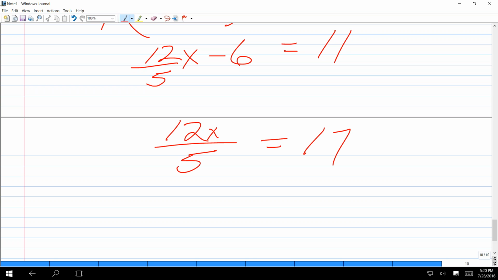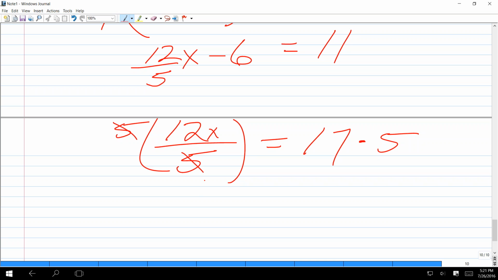Now what's the next step? You have to get rid of the 5, by multiplying both sides of the equation by 5. Okay. So what's that leave me over here? Remember, the whole reason you do it is so you can do that.